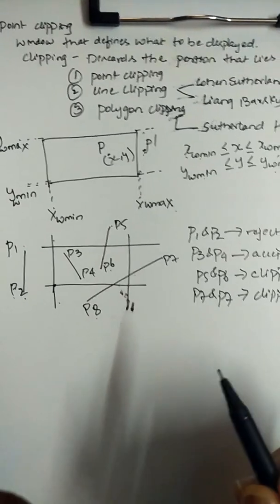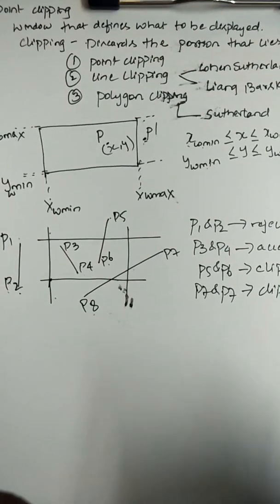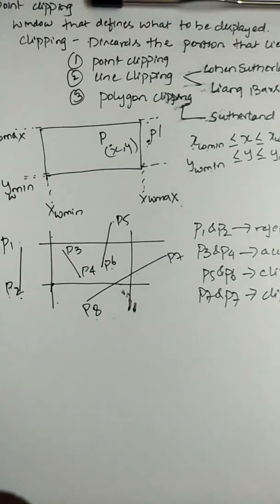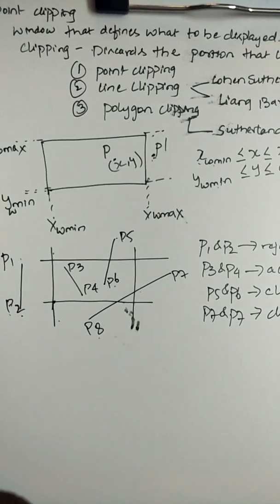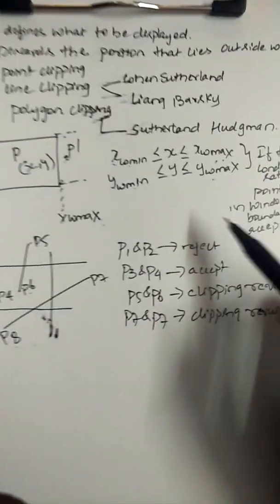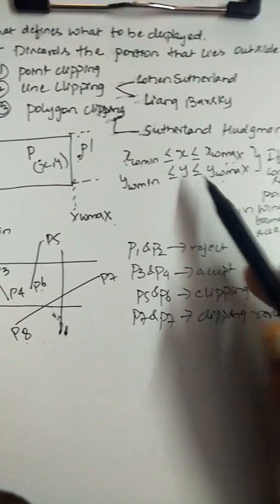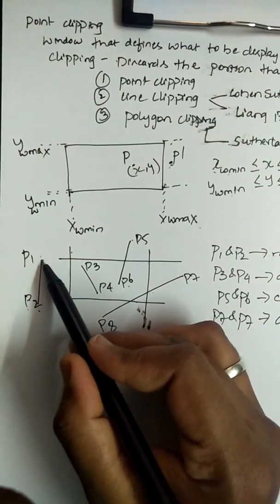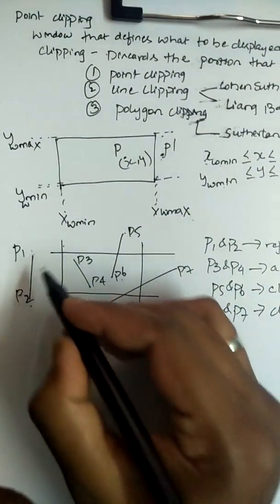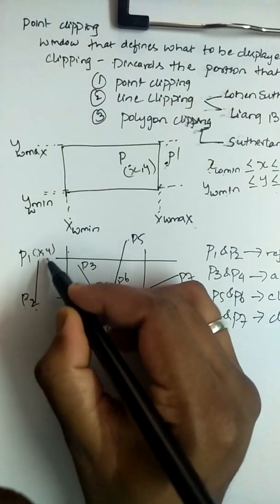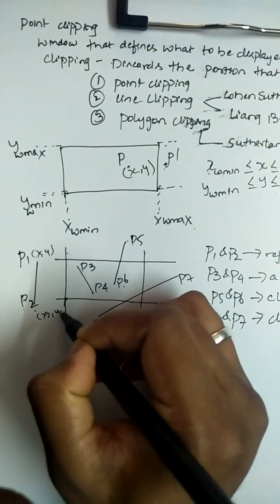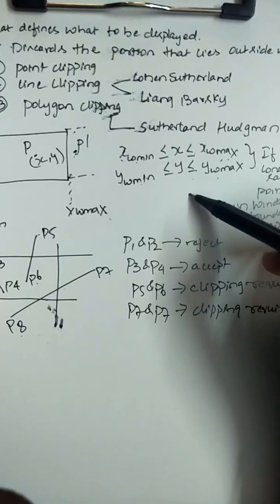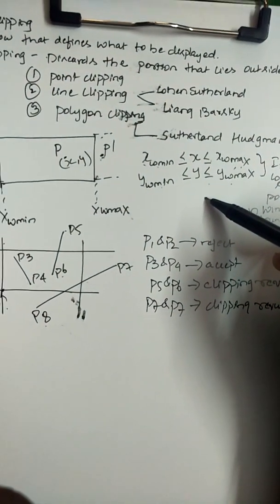If both P1 and P2 don't satisfy the conditions, then we'll be rejecting the line. If both the points X and Y don't satisfy these conditions, I'll just directly reject the line.